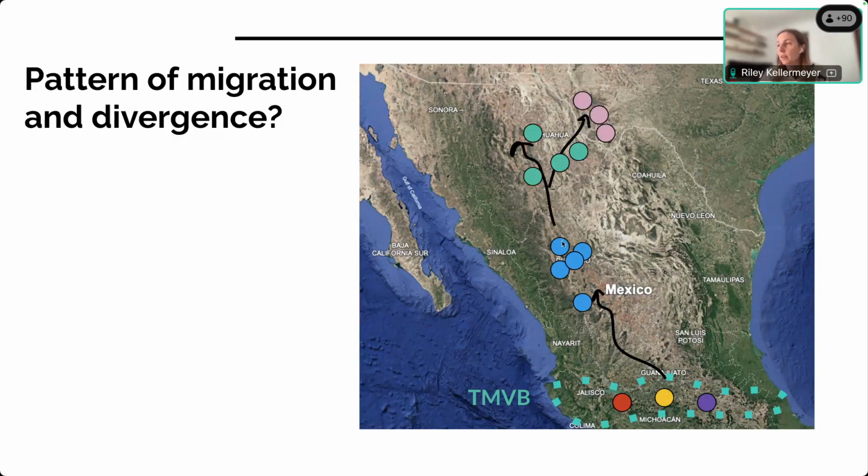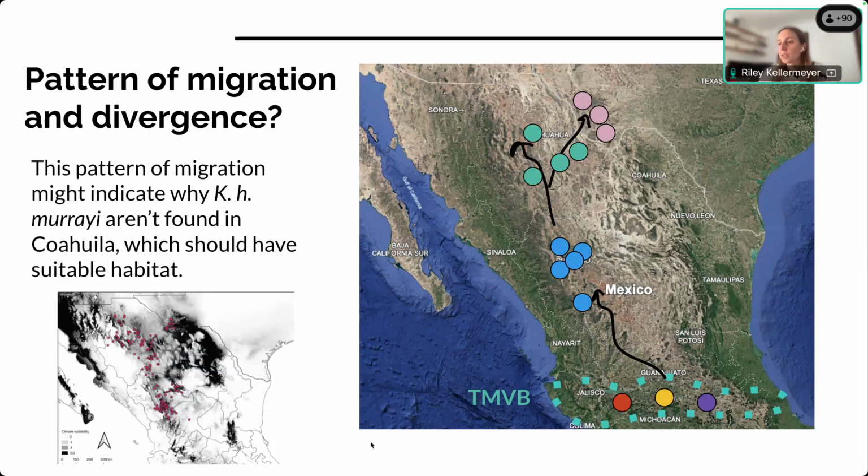And this pattern of migration, as we've seen in our distribution in the field, would also explain why we see turtles that go up into Chihuahua here and over into Texas, but not in Coahuila, where you would expect to see turtles based on habitat.